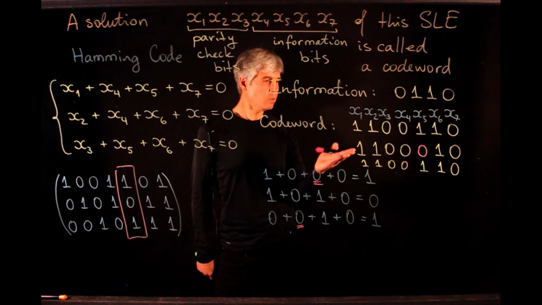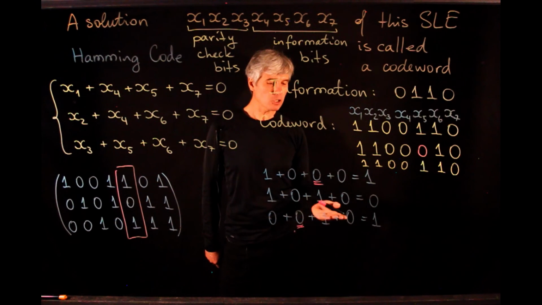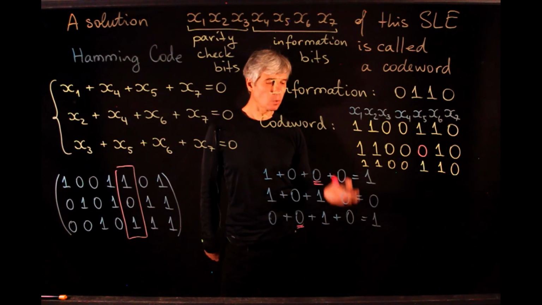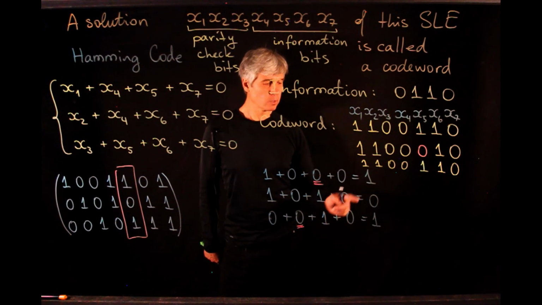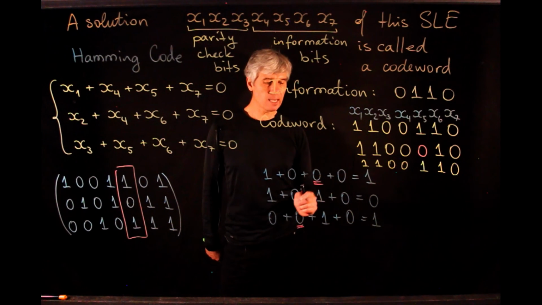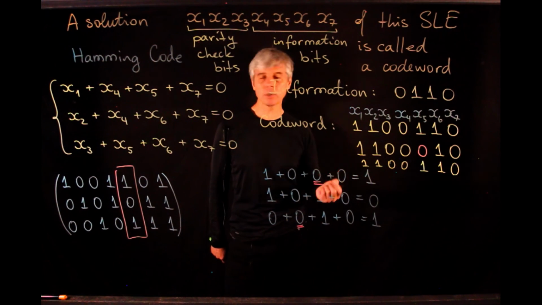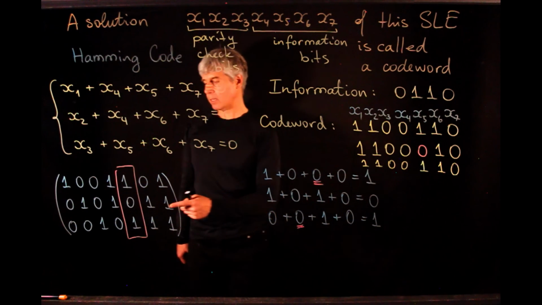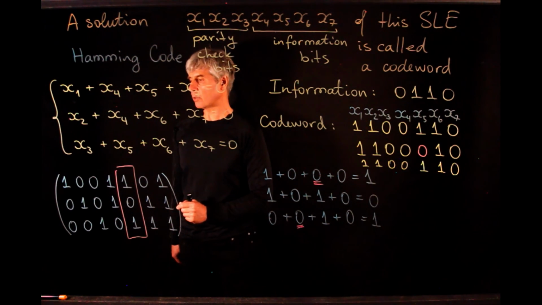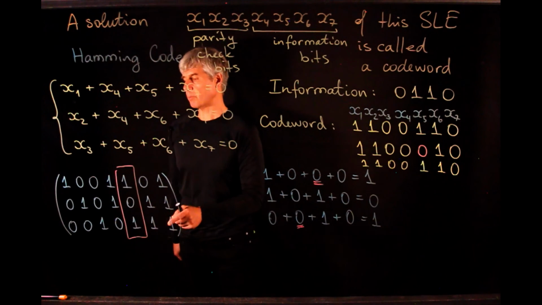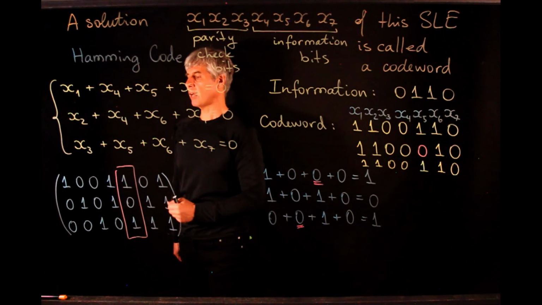So this means that when we plug what we received into our system of equations, if the result is all zeros, then this is a code word. But if the result is non-zero, the locations of ones will indicate which equations contain the variable with an error. And these are exactly the column information from our coefficient matrix, because the first column tells us which equations contain variable x1.